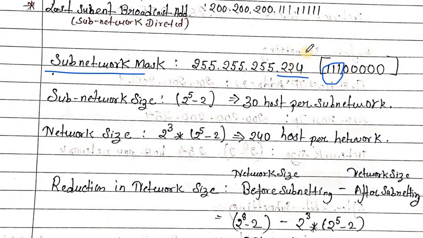The subnetwork size is 30 hosts per subnetwork. There are 5 bits, and out of 5 bits, 2 to the power 5 is 32, minus 2 is 30 hosts per subnetwork. The network size is 240 hosts per network.